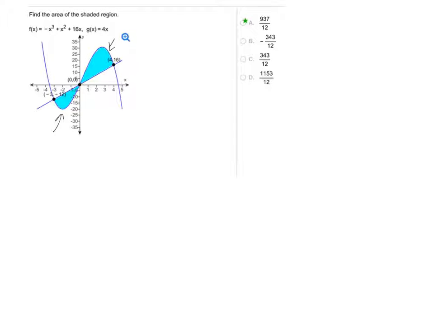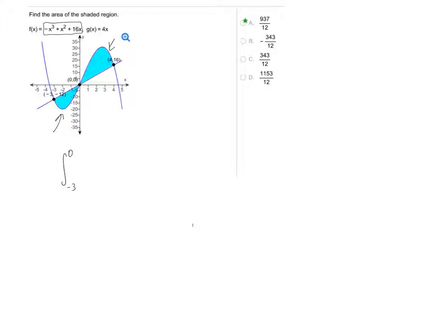So we want to find the area, so we're going to take this piece and find it first, the left-hand side, and that's from negative 3 to 0. And our negative x cubed one is the curvy one here.